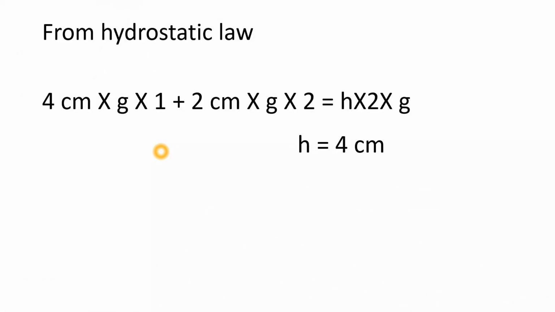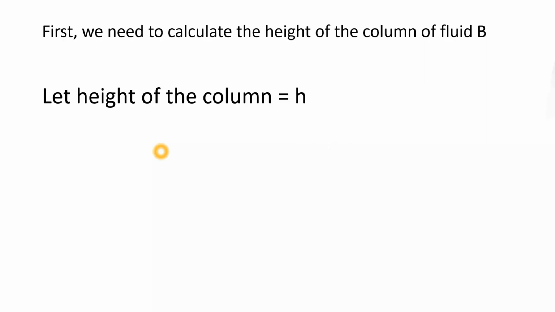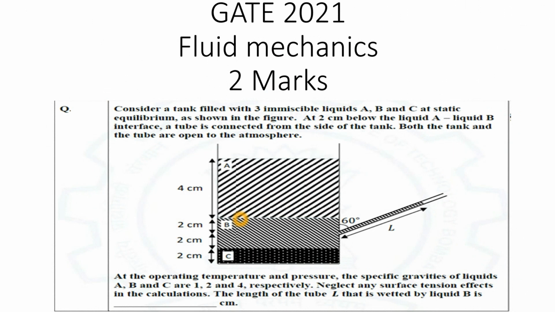From the hydrostatic law, you can see here in the figure, first we will multiply rho g h: rho A, the density of A, into the height of A into g, the acceleration due to gravity, and similarly here for B, rho B h B into g.